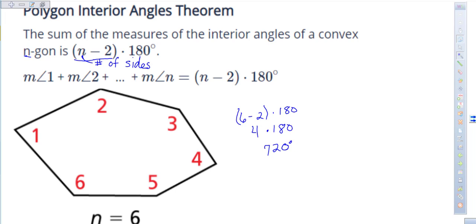Now really this piece right here is finding how many triangles are in this figure. If I take the number of sides minus 2, that will always tell me how many triangles this would have if I drew in all the diagonals from one corner.